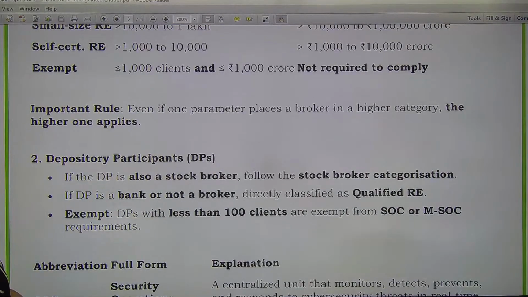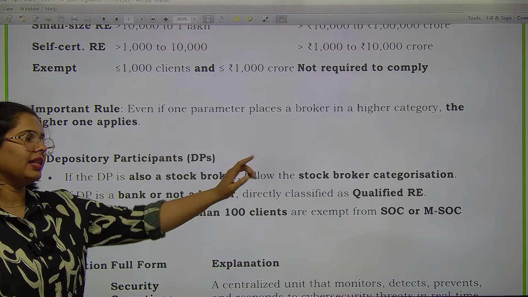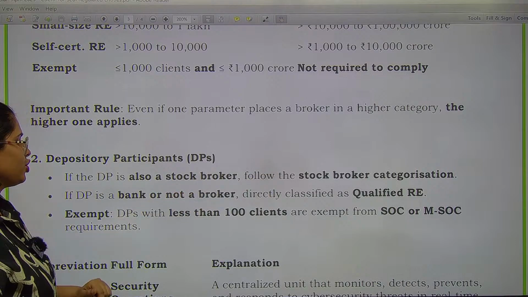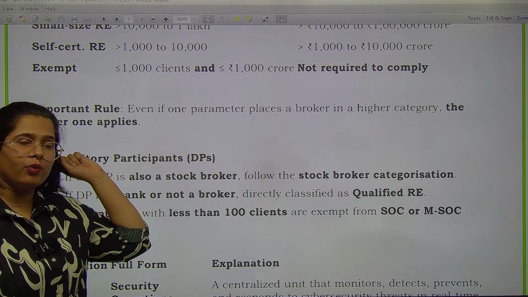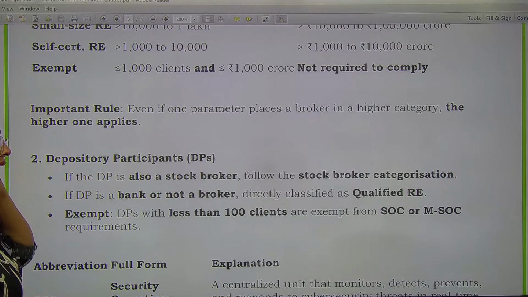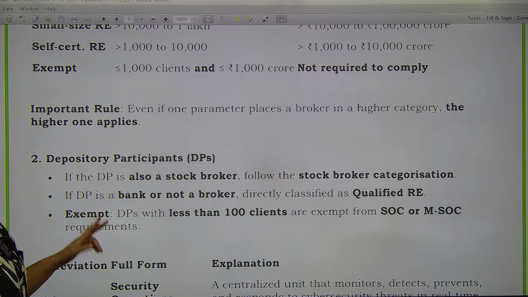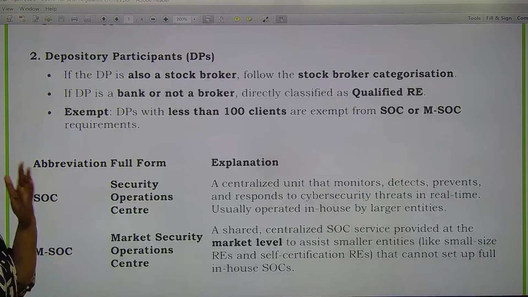For a depository participant, if the depository participant is also a broker, then he'll follow the broker categorization. If it's a bank, then that would be directly called as a qualified regulated entity. And if this depository participant has less than 100 clients, then they don't have to follow these guidelines.